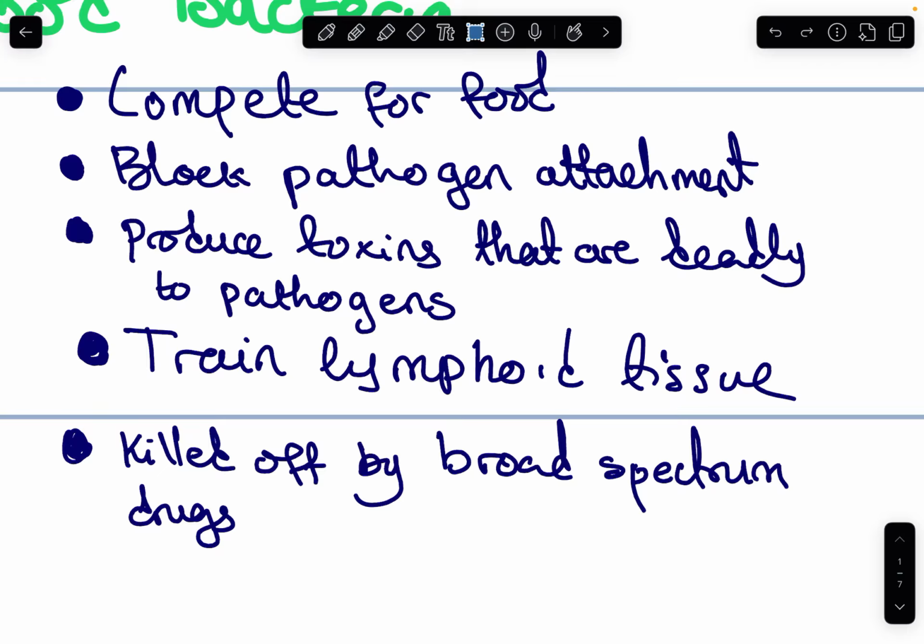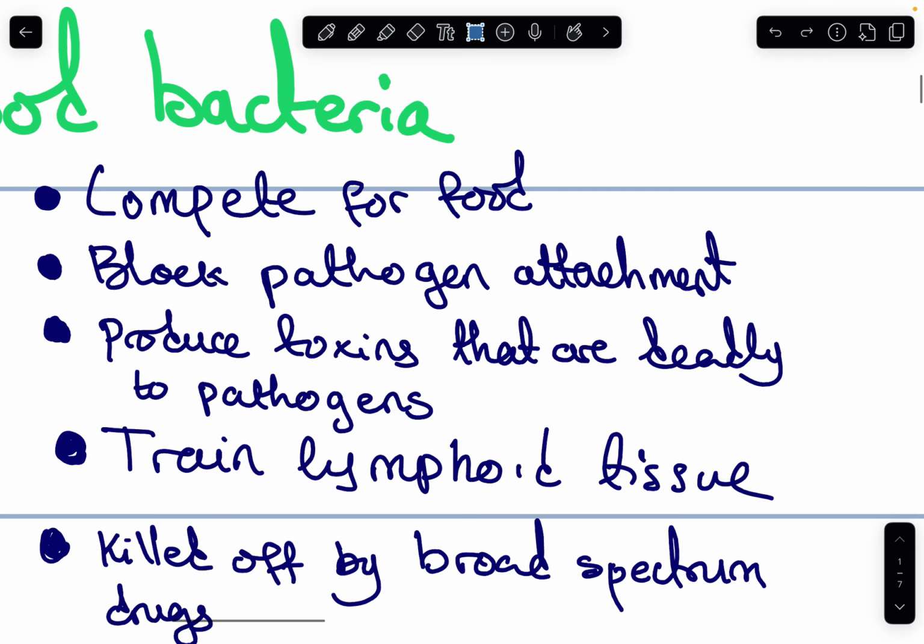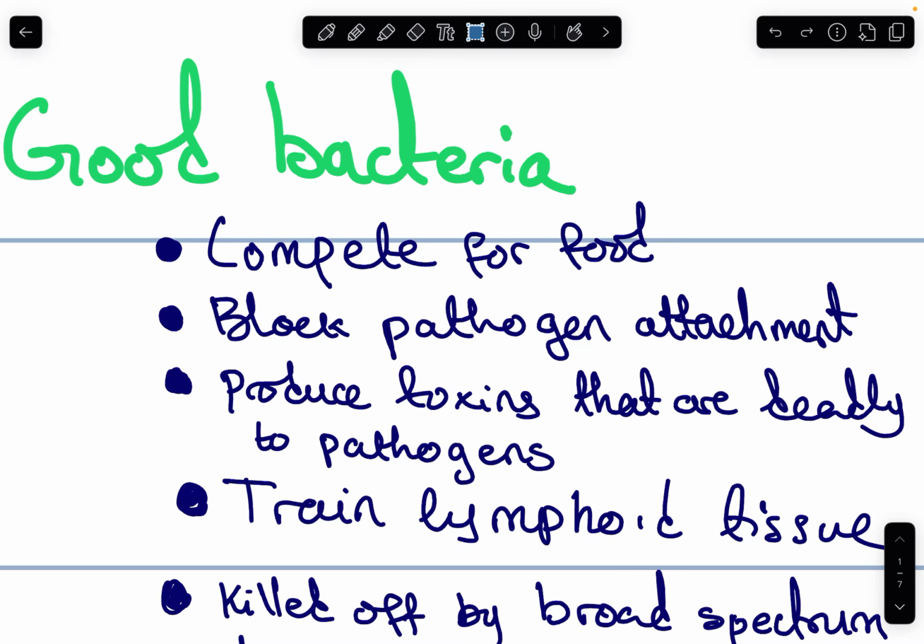Scorpions, right? Scorpions have toxins and they can inject other animals with those toxins and kill them. That's the same way the good bacteria work. They produce toxins that affect the bad bacteria, and these toxins don't necessarily affect us. There's a host of ways in which this happens, but we don't need to know that for patho. That'd be more of a microbiology topic, and thankfully we're not doing that right now.